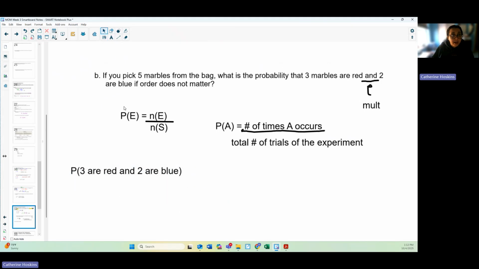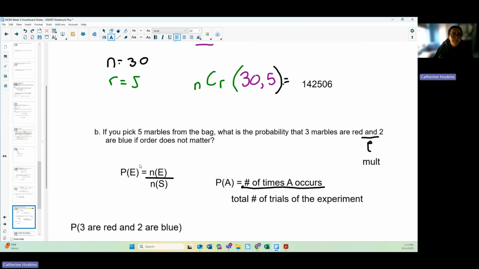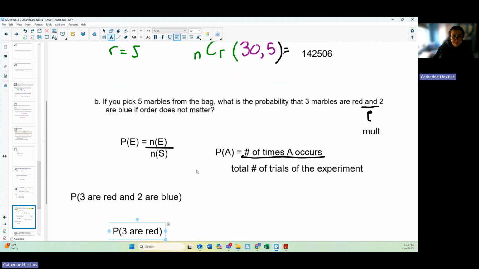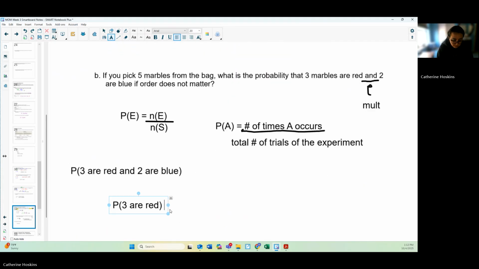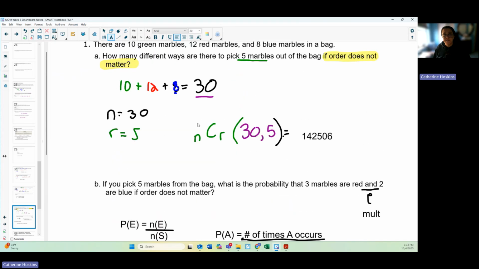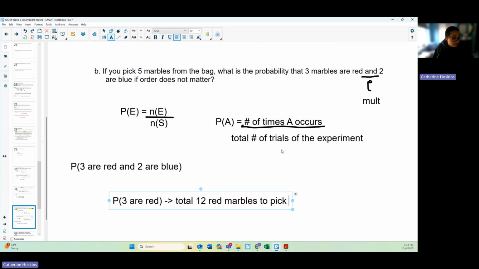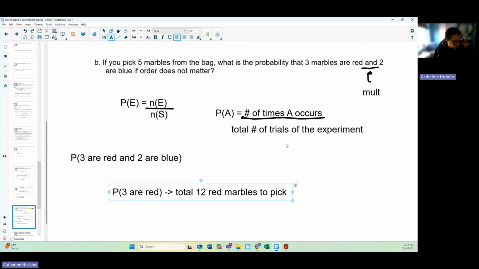If we know we have a total of 12 red marbles to choose from, and we are selecting 5 altogether, then we have 12 out of 5 possible ways. Oh, let me start that again. We're not selecting 5.